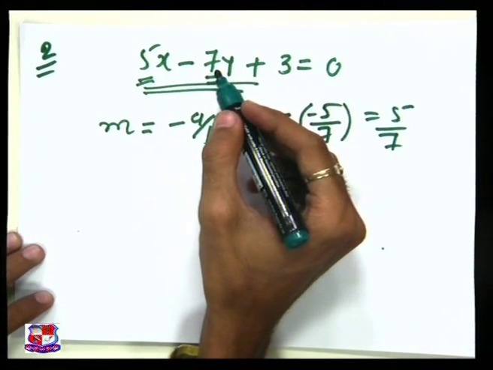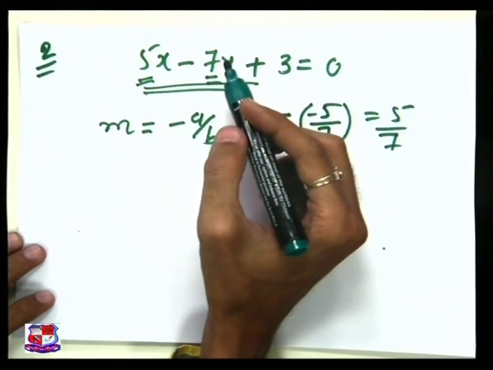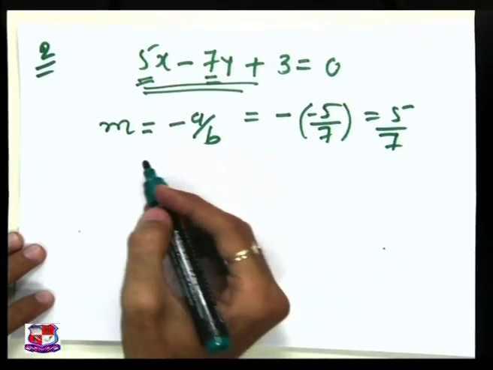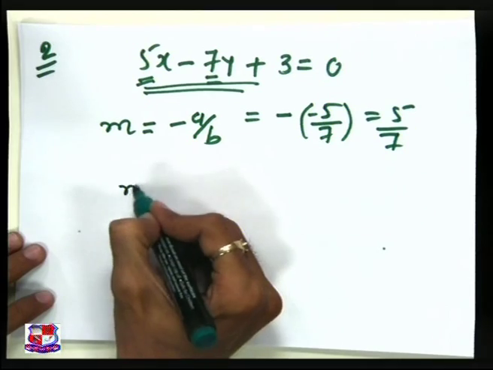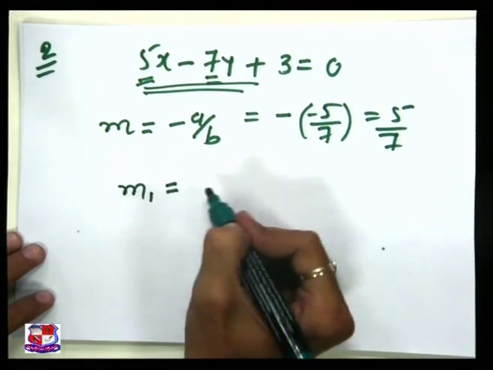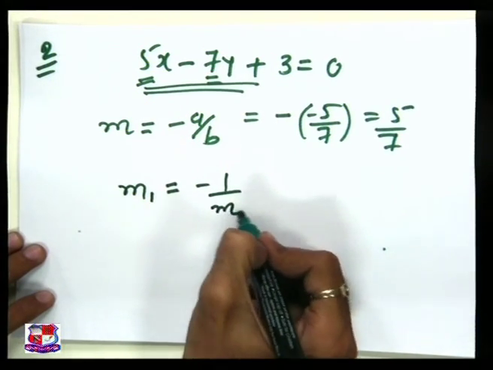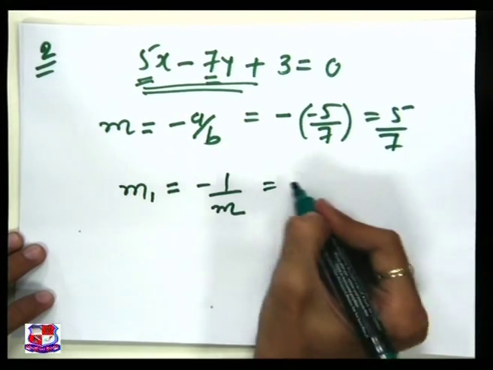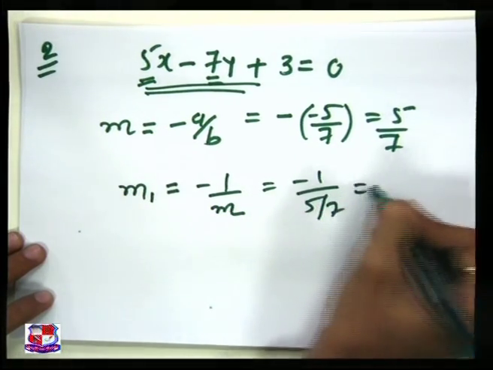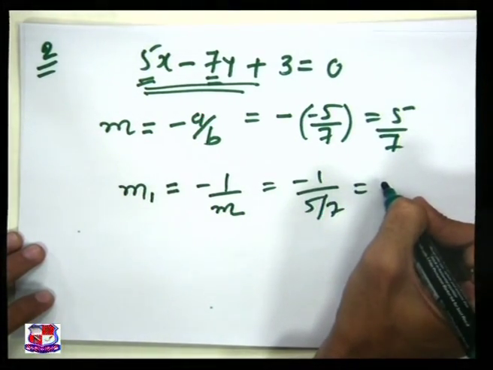And we need to find the slope of the line which is perpendicular to this line. If we call it m1, then this is the slope of the required line, m1 is equal to minus 1 by m. So that is minus 1 upon 5 by 7, so that is minus 7 by 5.